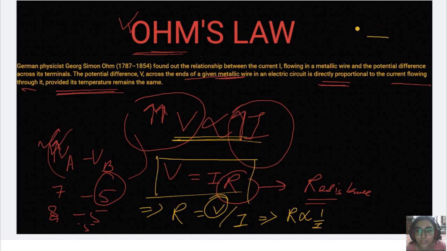If the ball is moving in this way, then the ground is providing a friction in the opposite way. It's a resistive force. In the same way, the force that provides a resistance to the flow of current in the metallic wire is called resistance. So this you can understand now.